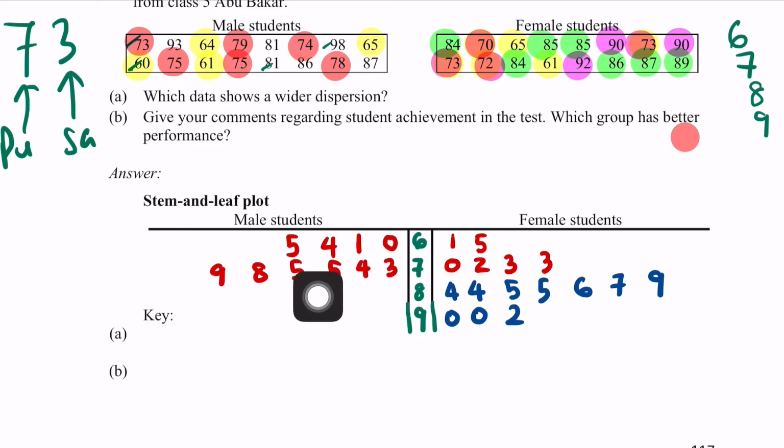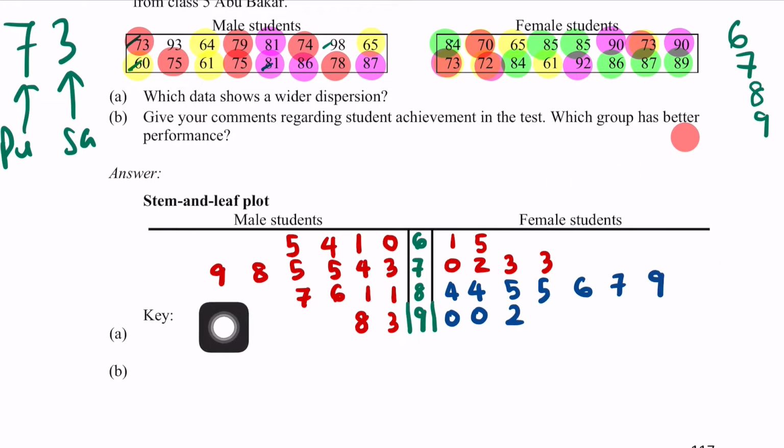Okay, 8 pula, ada apa 8? 81, 81, 86, 87, ada 4. Okay, and the last one is 9. We have 93 and 98. Macam tu je lah kita lukis stem and leaf.